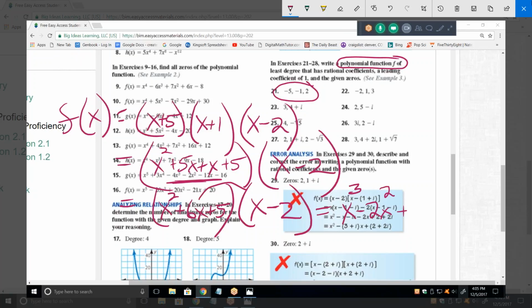This times that is what? 6x squared. And then minus 12x, and then plus 5x.